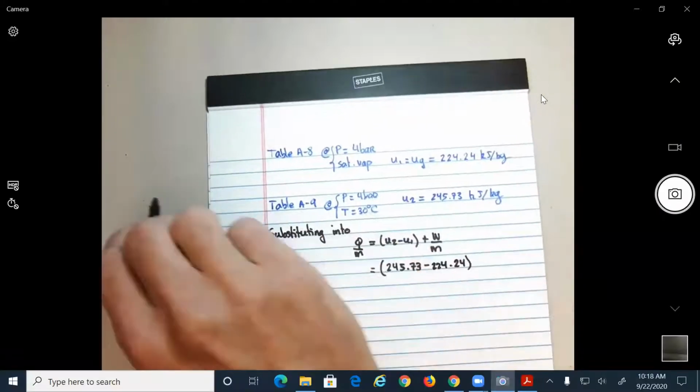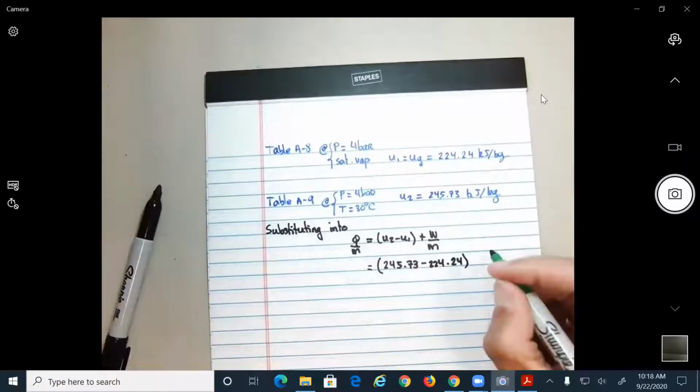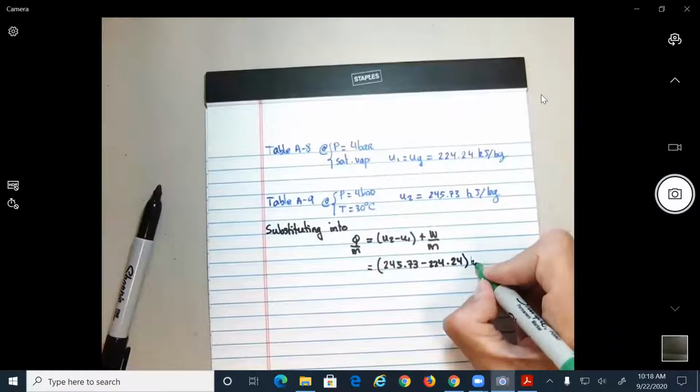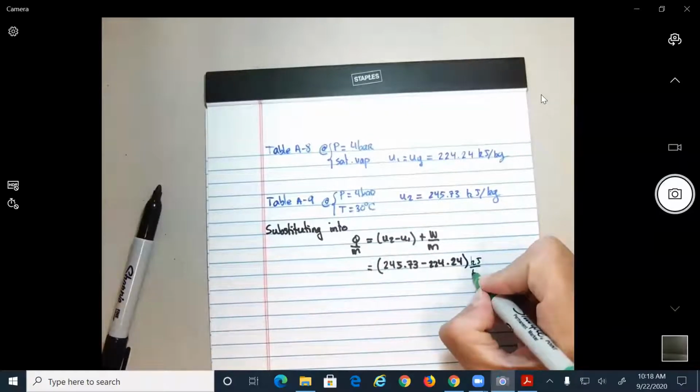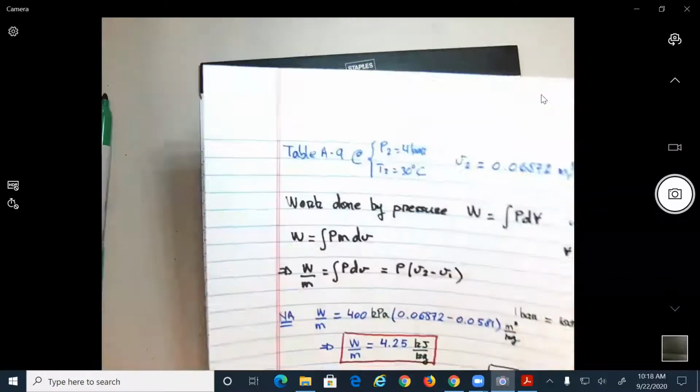Units are kilojoules per kilogram, plus work over M that we just calculated to be equal to 4.25 kilojoules per kilogram.